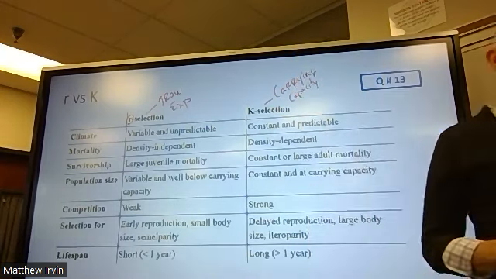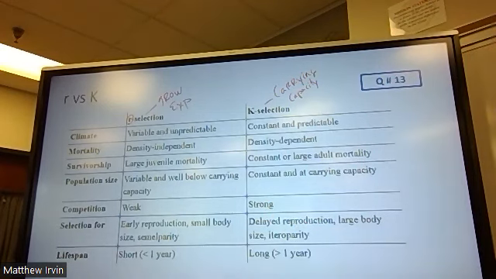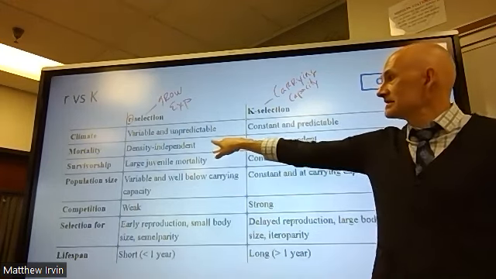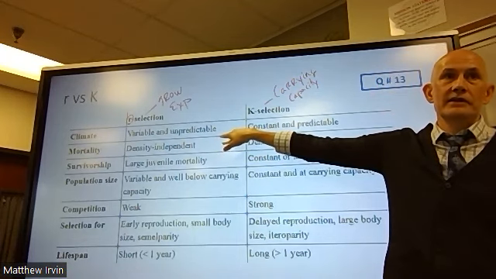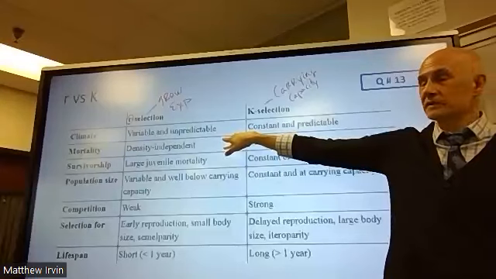Things that are r selected tend to be smaller because they can reproduce faster. Things that are K selected tend to be larger, although not always. R selected organisms are density independent, so they will just grow until they get to their best conditions, then they start growing exponentially.